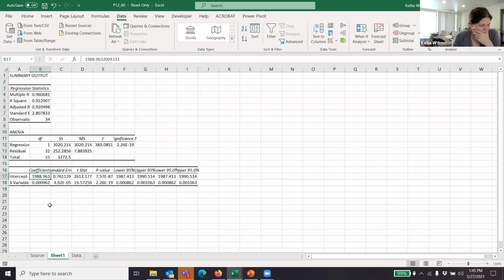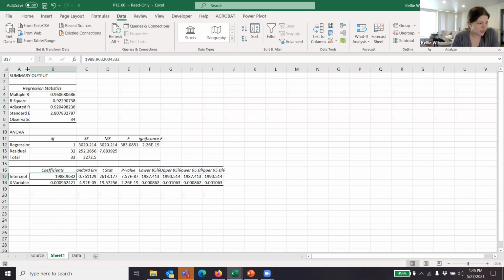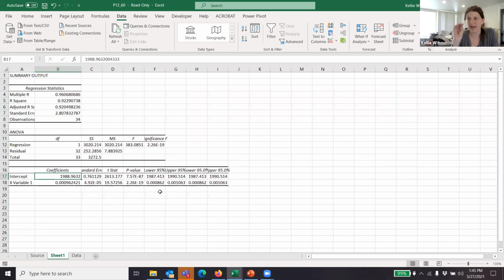If you're getting weird values, it's because the regression equation, when you add that trend line, is rounding too much.